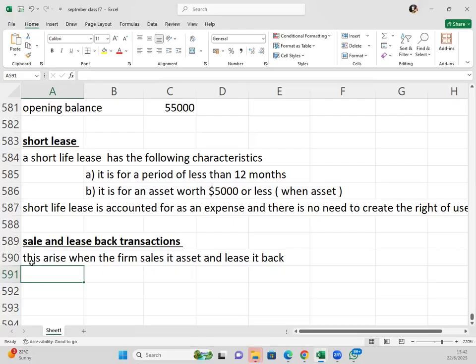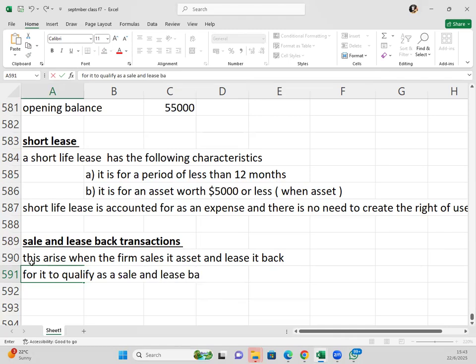So it's very important to consider whether a sale has taken place. For it to qualify as a sale and leaseback transaction, a sale must have taken place.